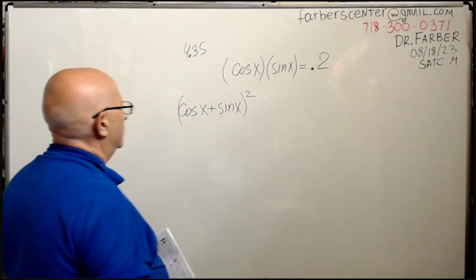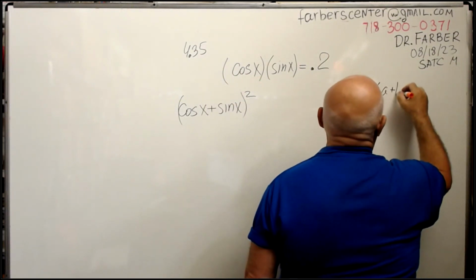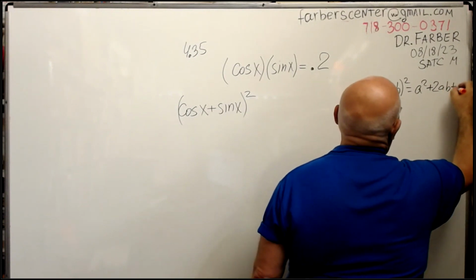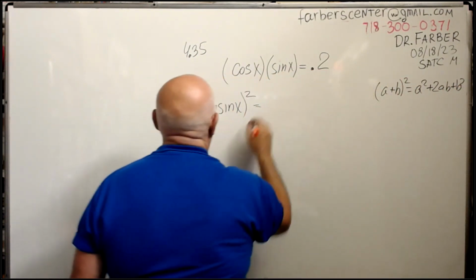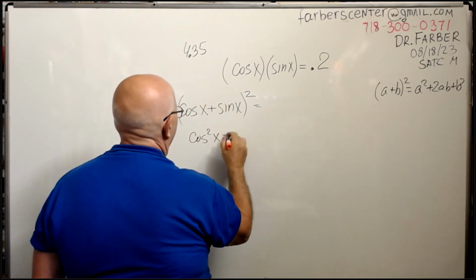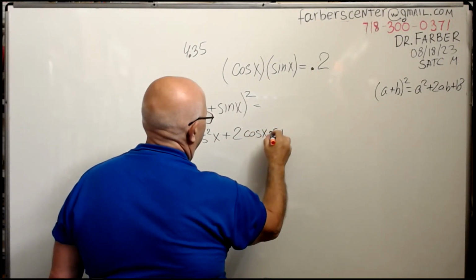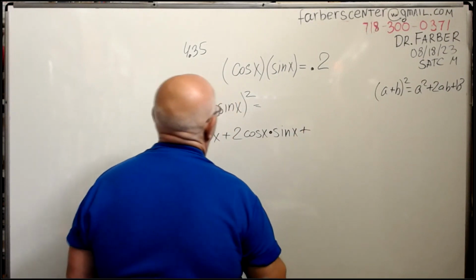Well, you remember this formula, a plus b to the second equals a squared plus 2ab plus b squared. It will be what? Cosine square x plus 2 cosine x times sine x plus sine square x.